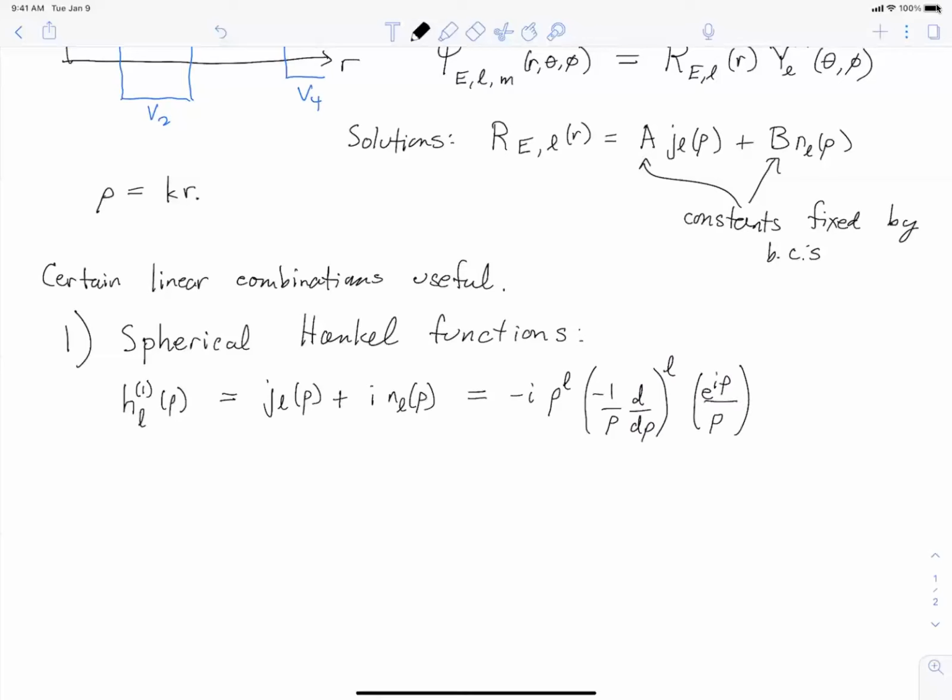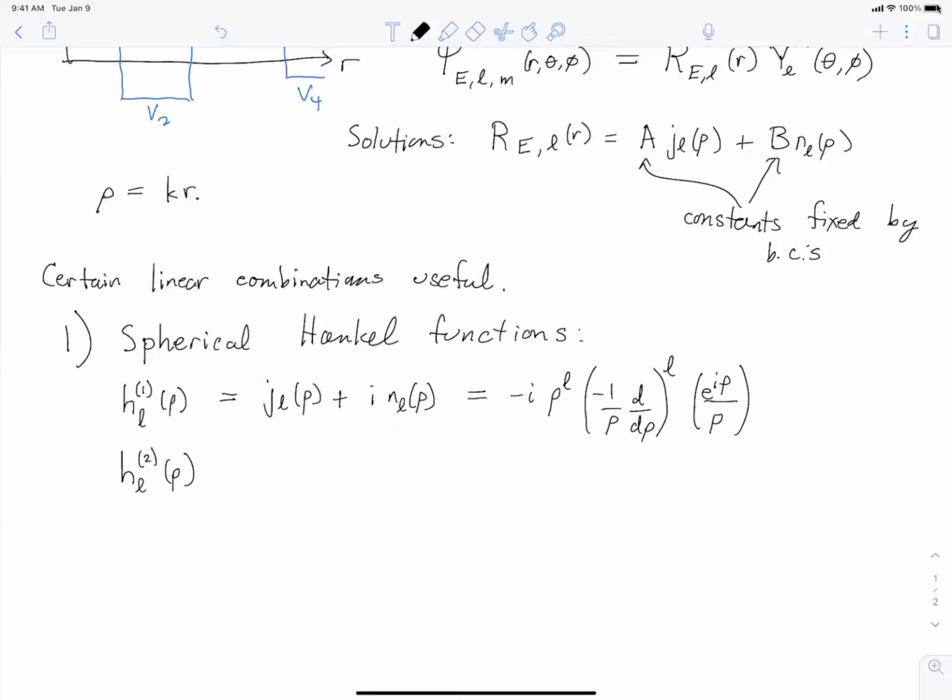Okay, so what happened is the JLs and the NLs have sines and cosines in them, and by taking this particular complex linear combination, it arranges into an e to the I rho. Okay, and then similarly, the other linear combination is just where you take the complex conjugate of that.